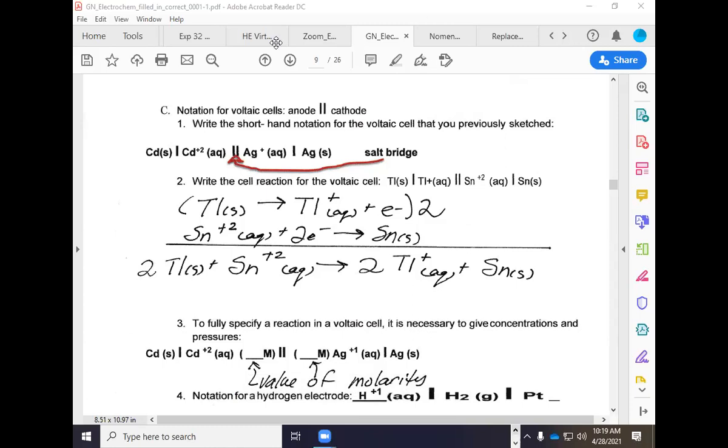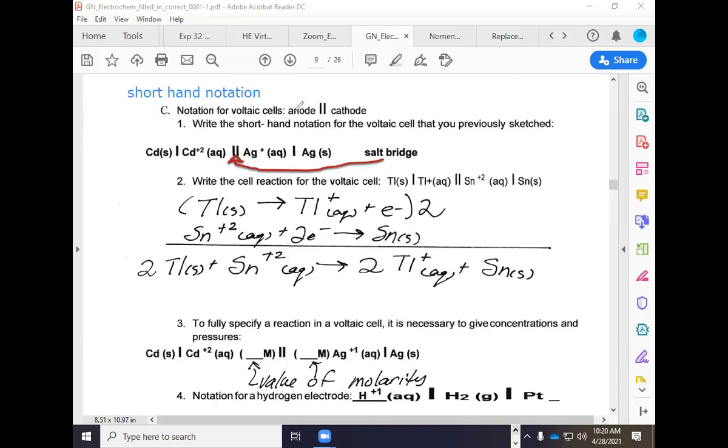Okay, so we are back to our lecture notes. And we're going to learn a shorthand notation. So this is essentially the chemist's shorthand.